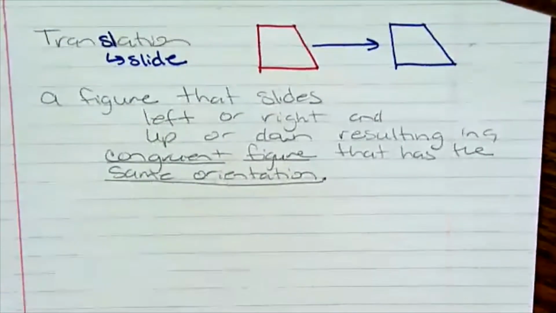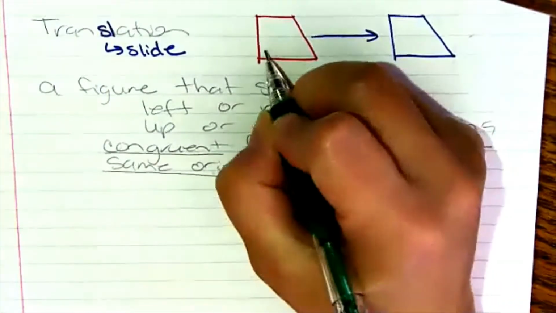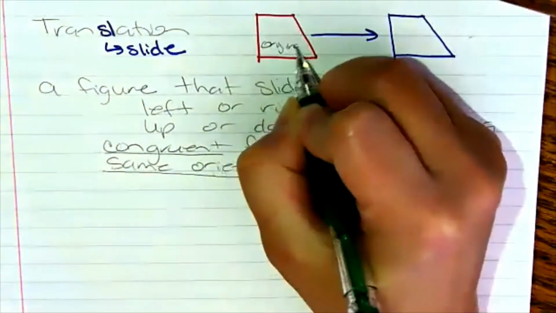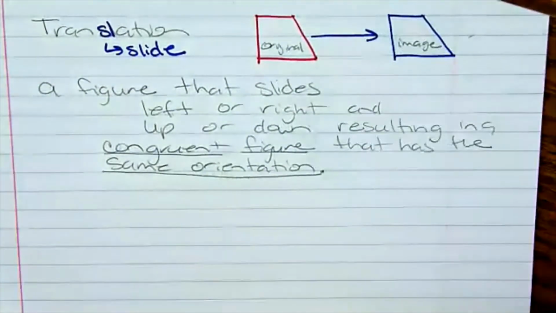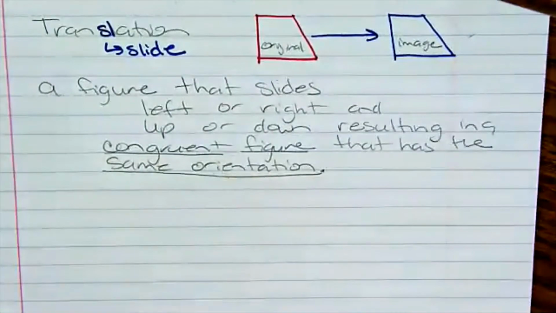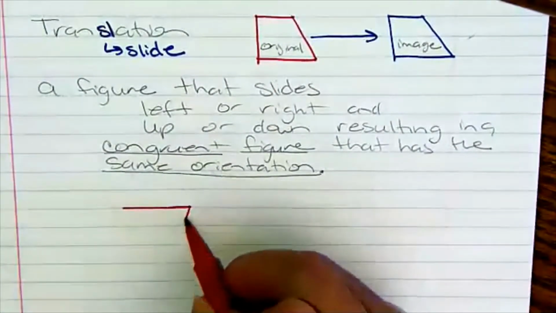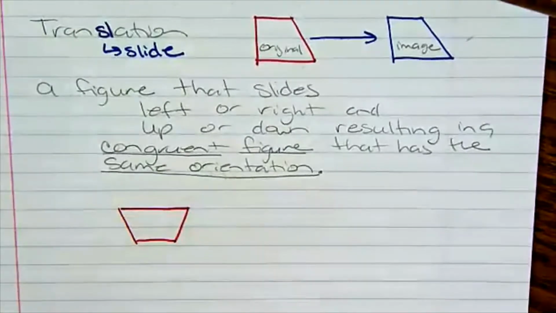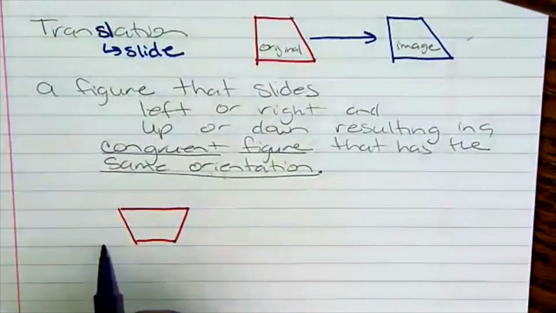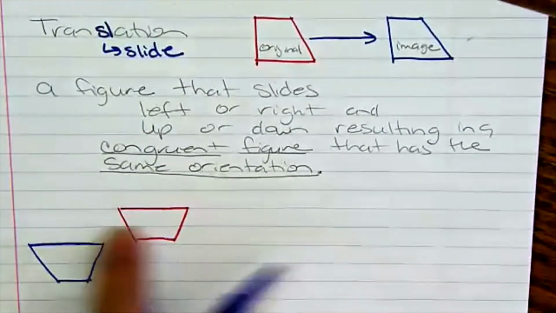So let's take a look at some examples. Remember, red is the original figure, and blue is the image. So we have this figure, and we have slid it here.